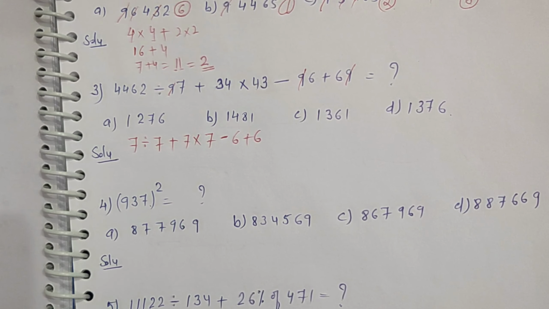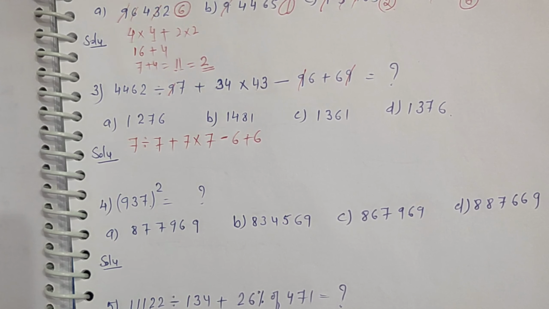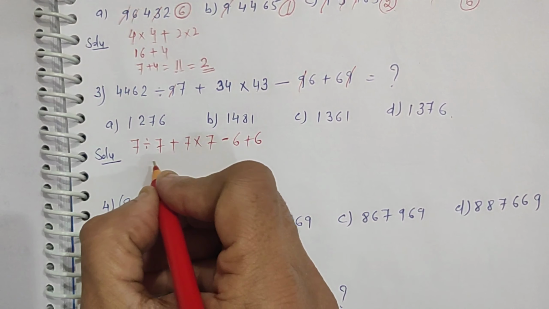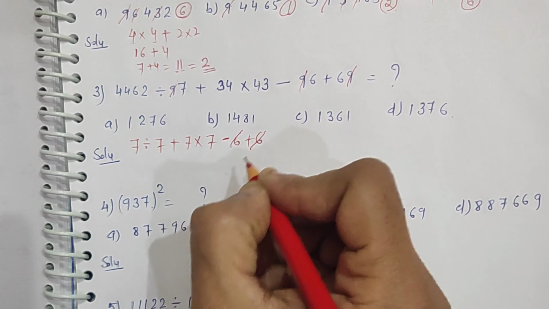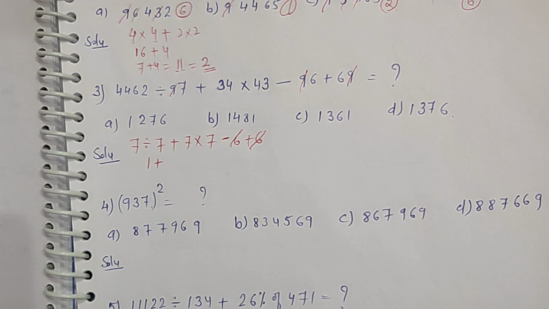Right? So now next how to proceed further? Yes. 7 divided by 7, it will be 1. And this can be cancelled. 1 plus 7 into 7 is 49.